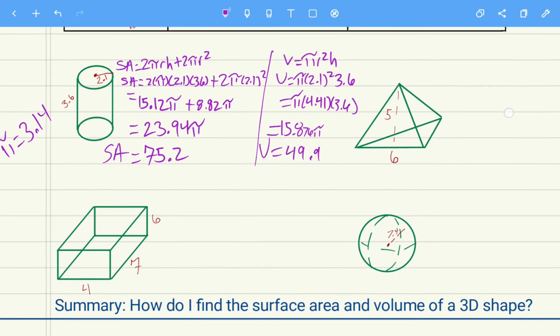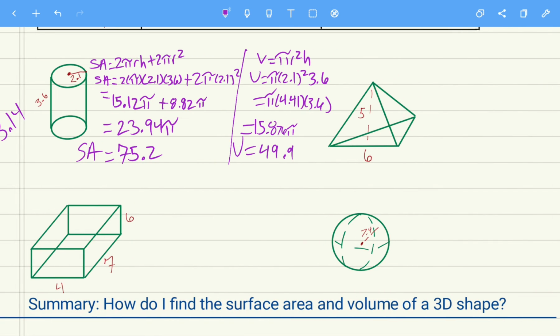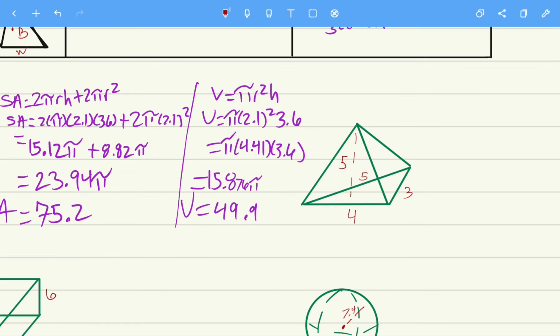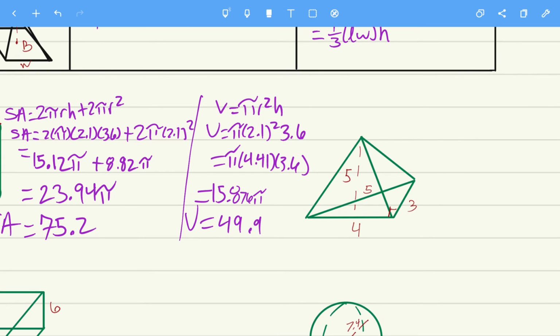Let's go ahead, try this triangular prism, or triangular pyramid. I changed the problem around a bit to make our calculations easier. So first we need to find our surface area, which is all the area of all 3 sides added together. So let's find this base first.